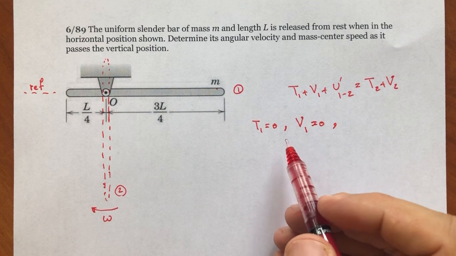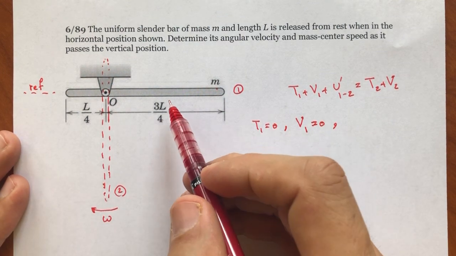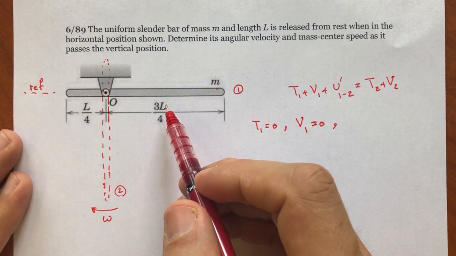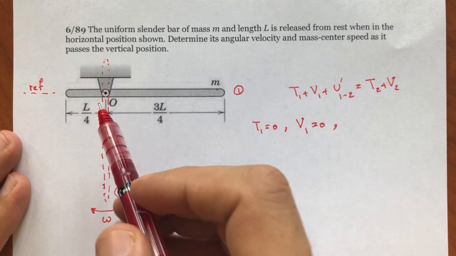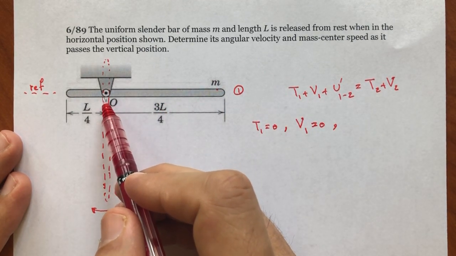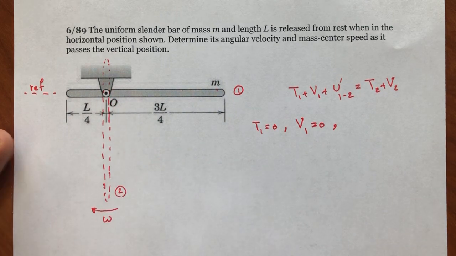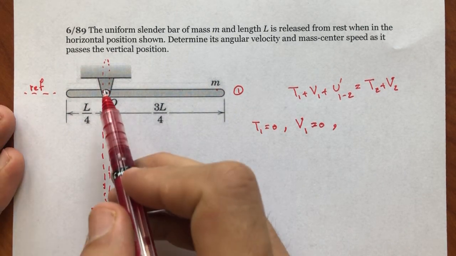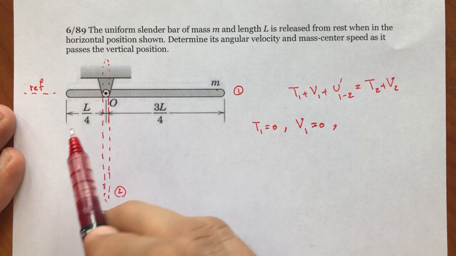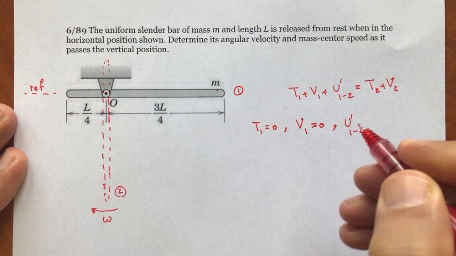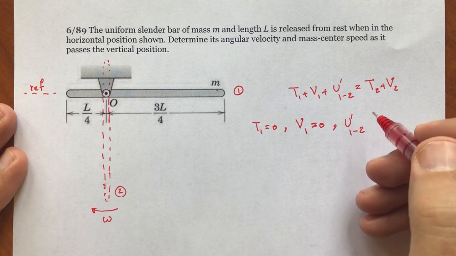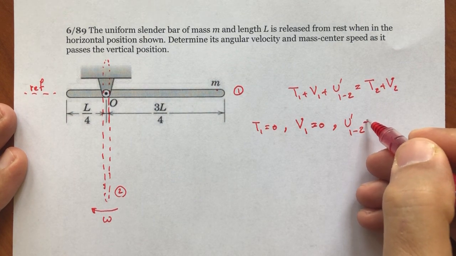U prime from 1 to 2. We need to see, do we have any nonconservative force? We have the gravitational force here, and also we have these reaction forces. Reaction forces are not conservative forces, of course, but they are not doing any work because they are not moving. So the work from 1 to 2 from nonconservative forces is equal to 0.